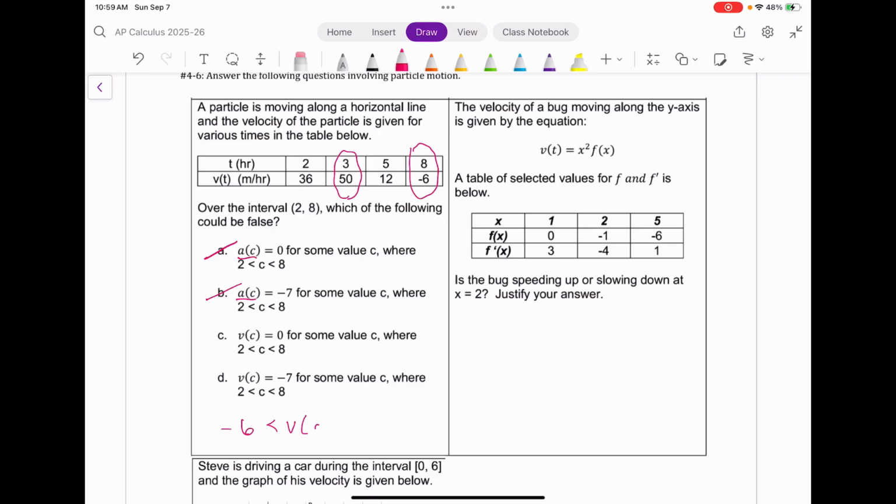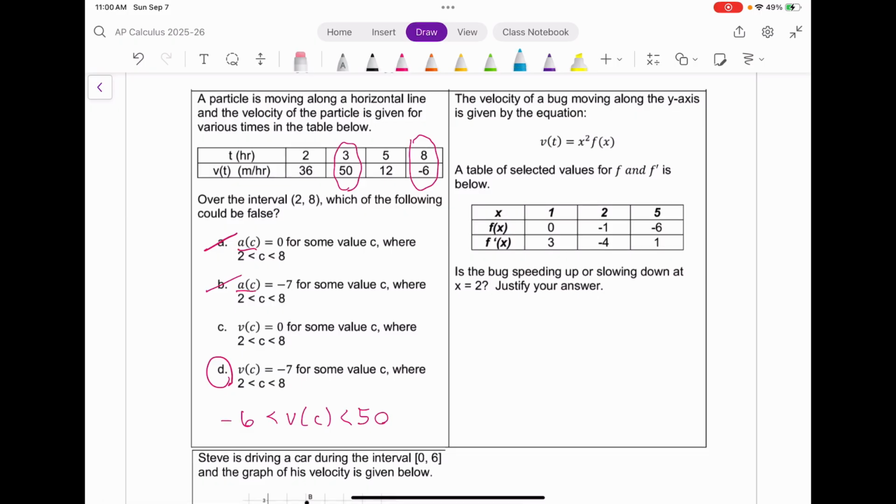So we know our velocities have to be somewhere between at least -6 and 50. So D would be the appropriate answer because we don't know if a velocity of -7 exists in this interval, right? Because -7 is below -6. All right.